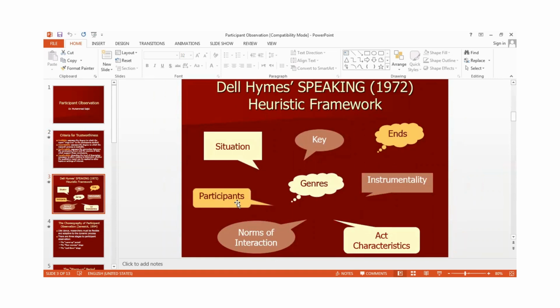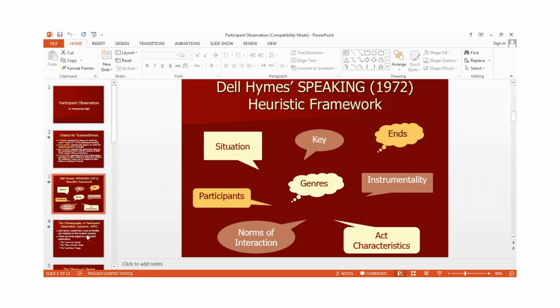So the role of the participant is very important according to the situation, because he has to note down all the main roles and the main themes which will emerge from his field notes.